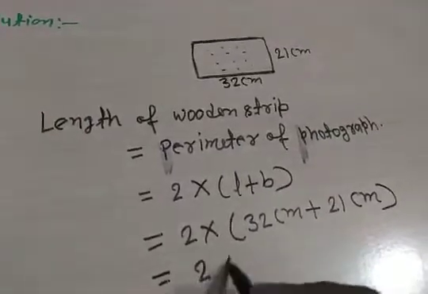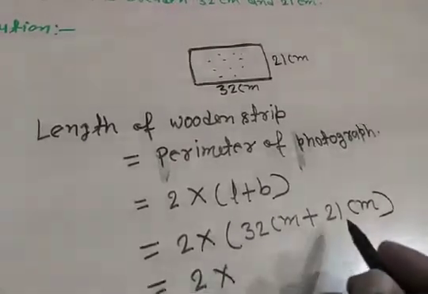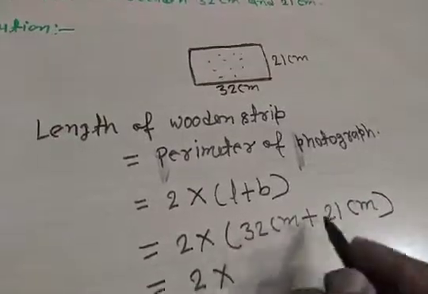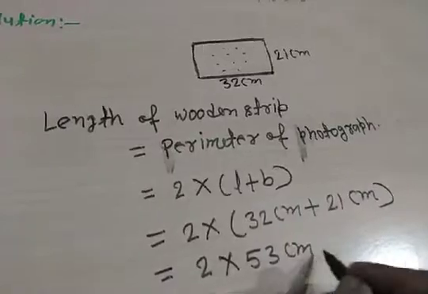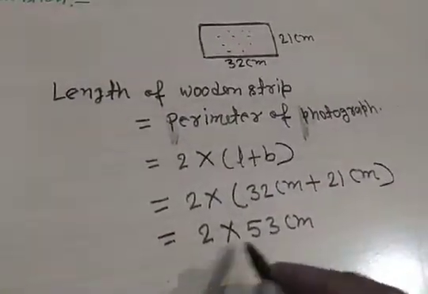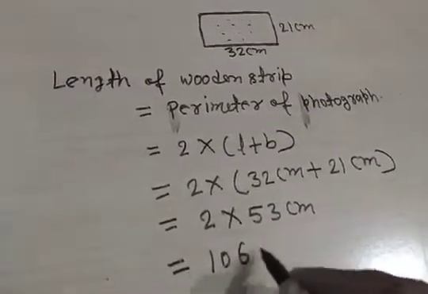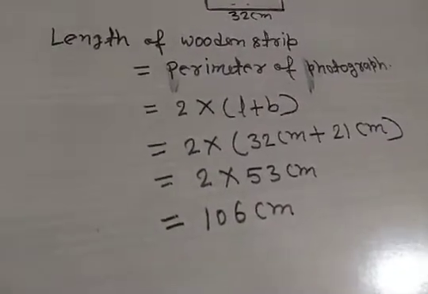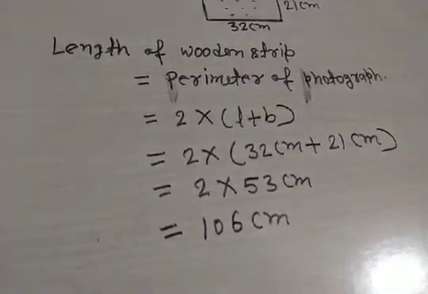So 2 into (32 centimeters plus 21 centimeters). 2 plus 1 is 3, 3 plus 2 is 5. It becomes 53 centimeters. Now we multiply 53 by 2. We obtain 106 centimeters. Clear? This is the length of the wooden strip to frame the photograph.